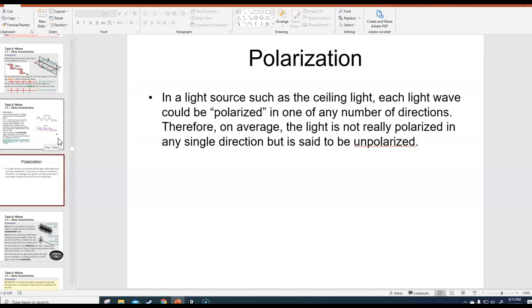Light from some sources is polarized, like I believe laser beams are. If you have an LCD computer monitor, that light tends to be polarized as well, which is why if you have polarized sunglasses and you're looking at the computer monitor, if you turn your head, you can see the screen get darker.